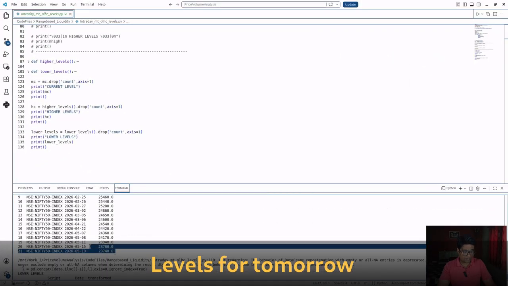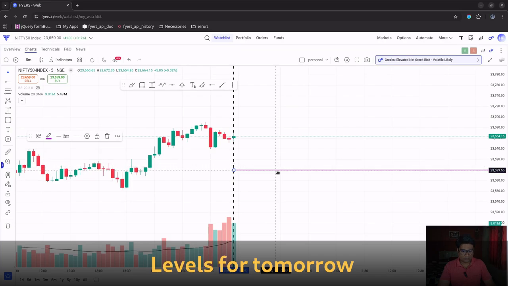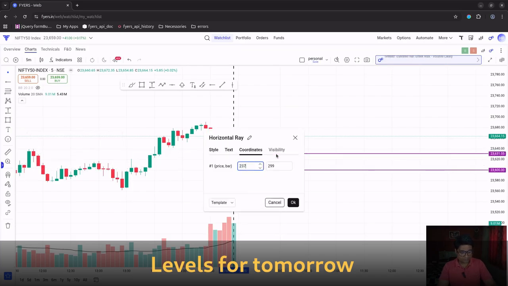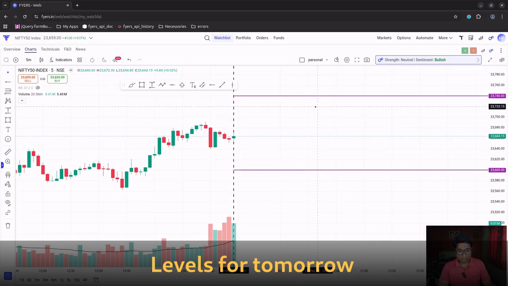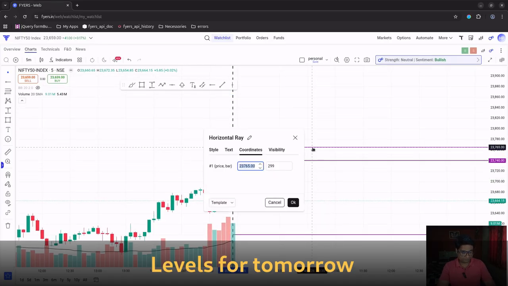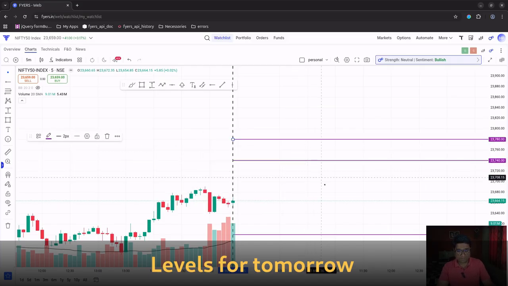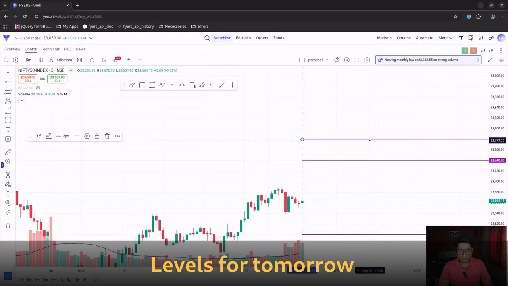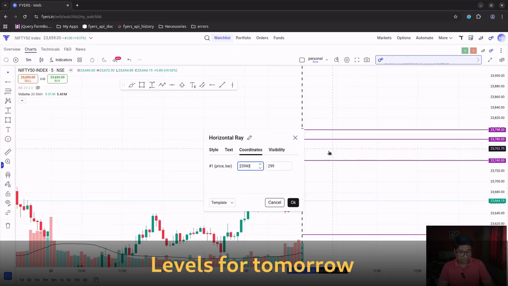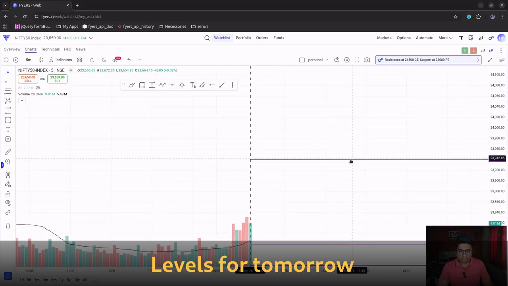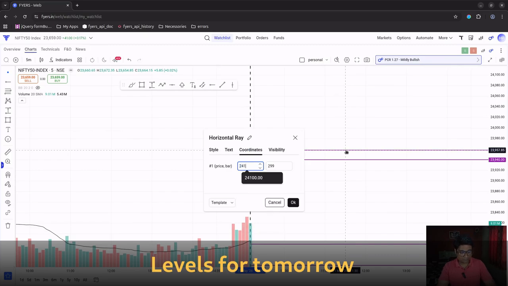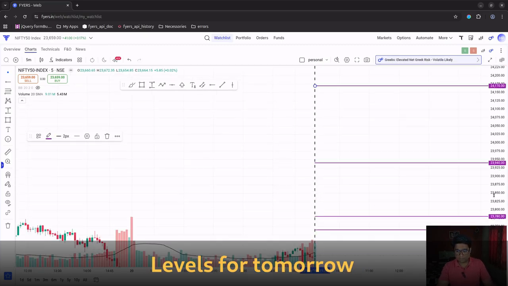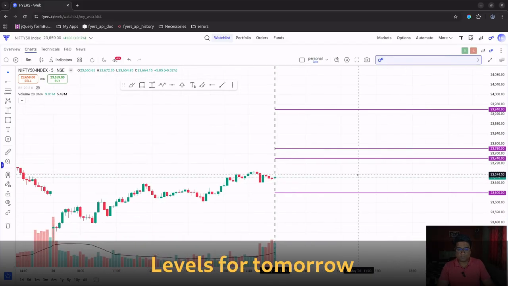And then 23,740, 23,780, and after this 23,940 and 24,170. These are levels for the upside.